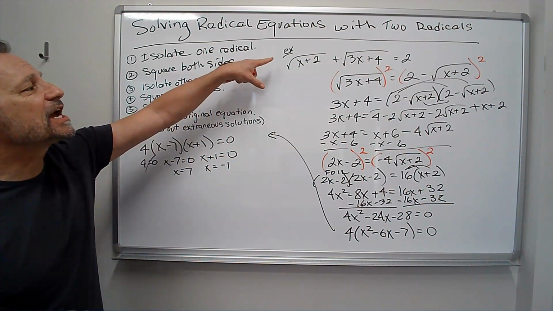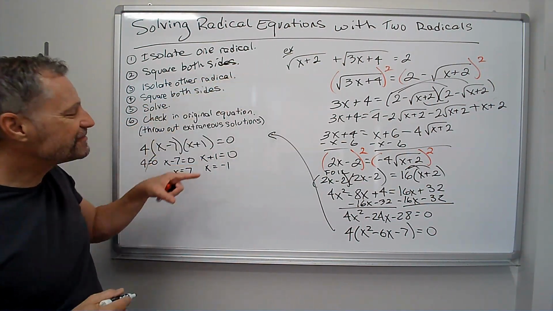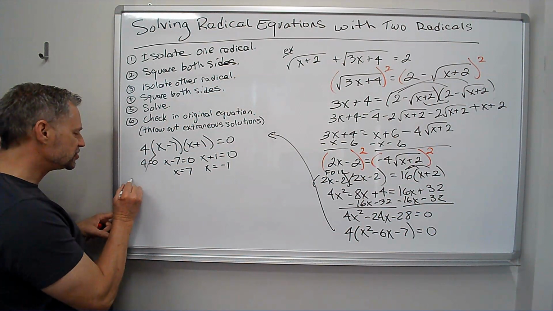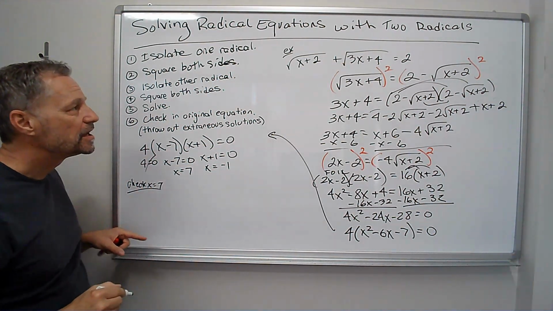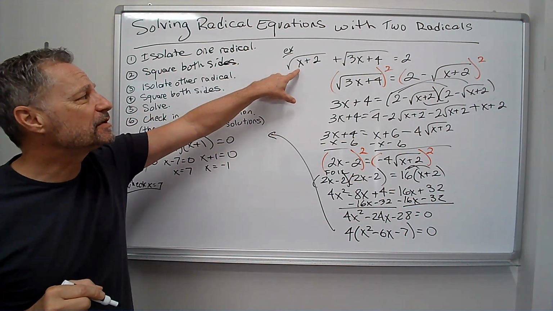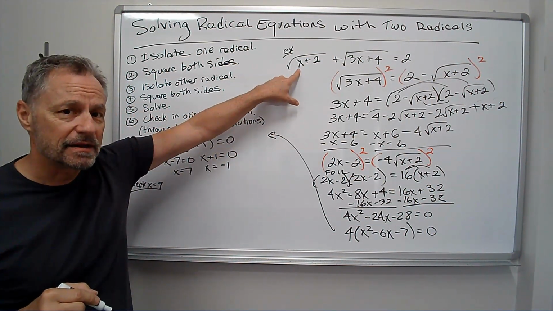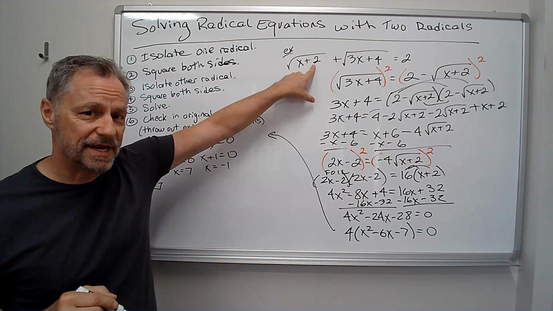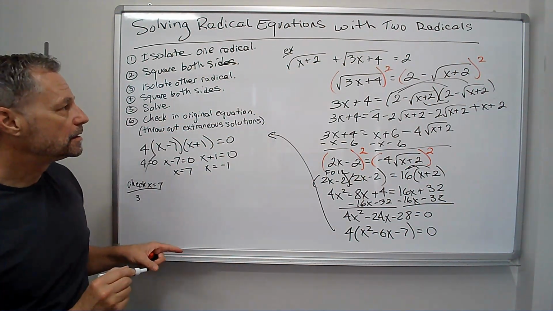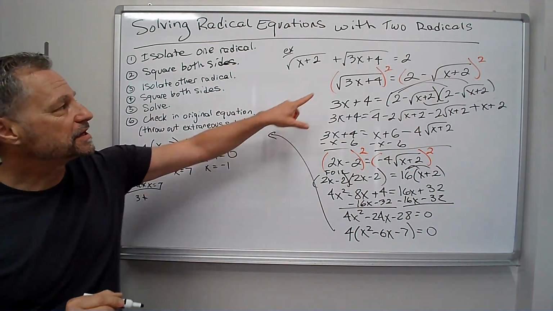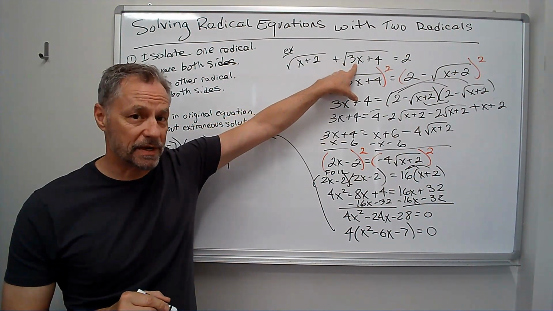Remember, I have to check back in the original equation. I don't have a lot of room to check it, but let's do a quick check. Check x equals 7. So I'm going to do a lot of the work in my head. Notice if I plug in a 7 there, I get 7 plus 2 is 9. The square root of 9 is 3. Plus, plug in a 7 here. 3 times 7 is 21.